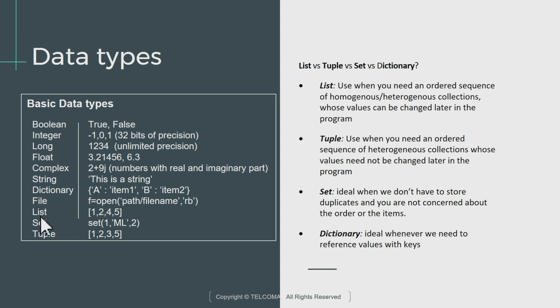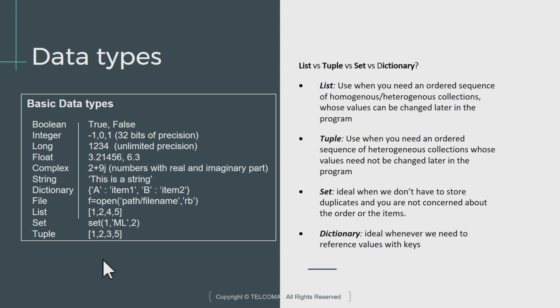List is one of the most popular and commonly used data types. It's a collection of homogeneous and heterogeneous objects under one roof. Set is a modified version of a list where all the values in a set are unique. So you can use it to find duplicate values. A tuple is another modified version of a list where once the values of a tuple are set, you can't change them.